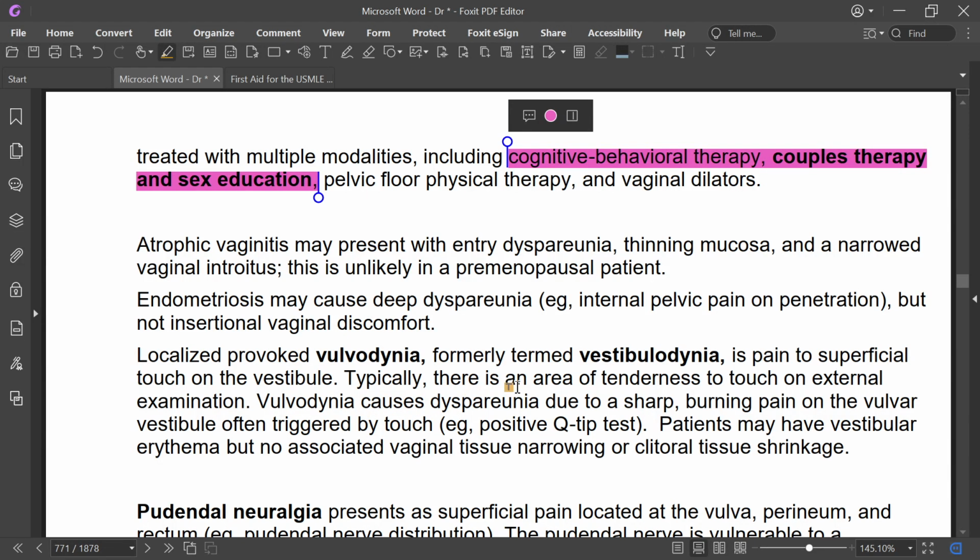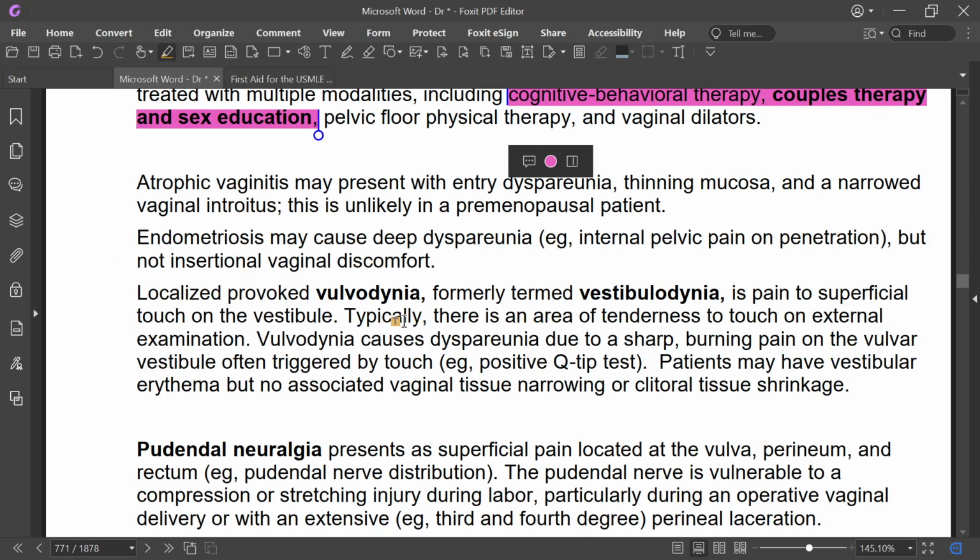Localized provoked vulvodynia, formerly known as vestibulodynia, is pain to superficial touch of the vestibule. There is tenderness to touch on external examination. Vulvodynia causes dyspareunia due to sharp burning pain on the vulvar vestibule, often triggered by touch, with a positive Q-tip test.